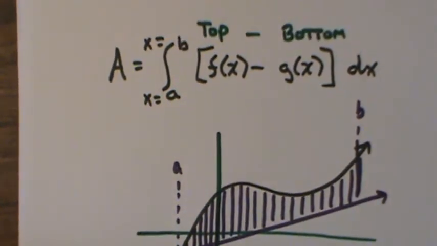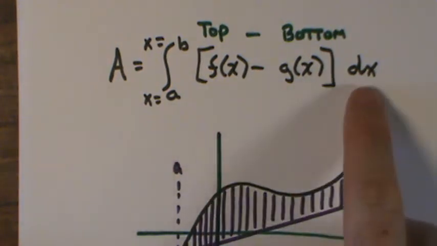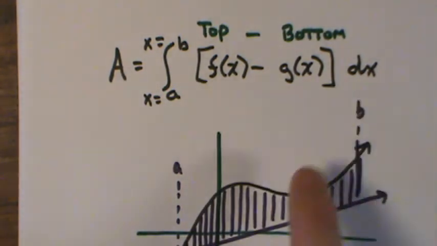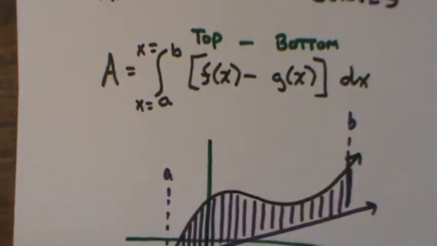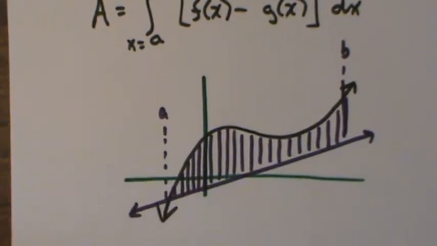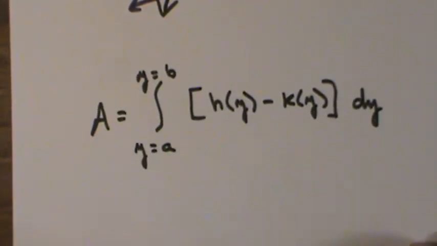Now, I said at the beginning of this video, there's one concept, but it can be portrayed two different ways. You could slice vertically, that's the dx concept. You could also slice horizontally, and it's the very same formula, just different notation.